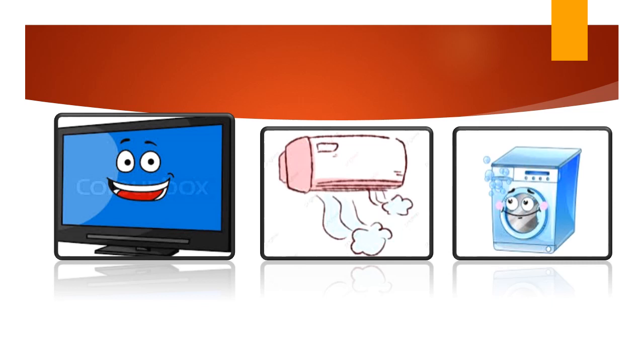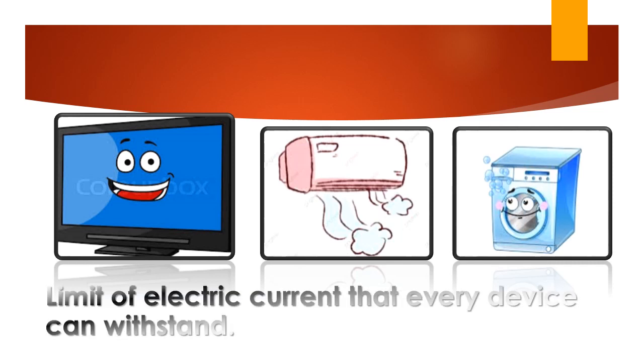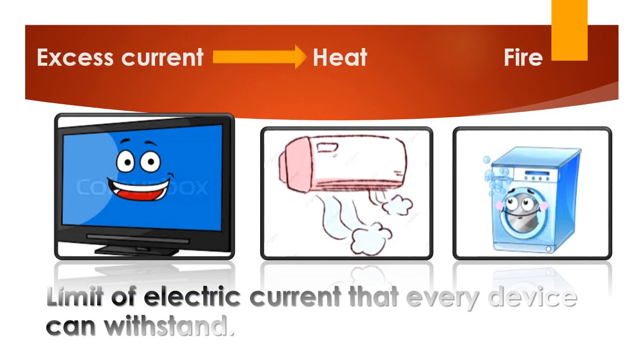Not only these appliances, but every appliance in our house is affected by unwanted high electric currents. There is a limit to the amount of electric current that any device can withstand. If the current exceeds that limit, then components of the device heat up, and this can even lead to fire.